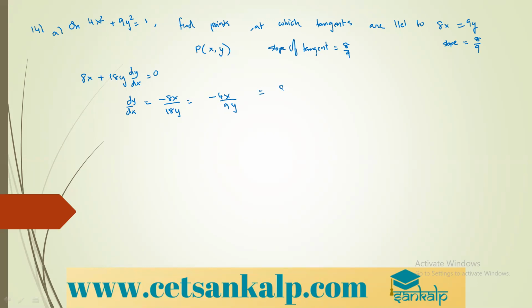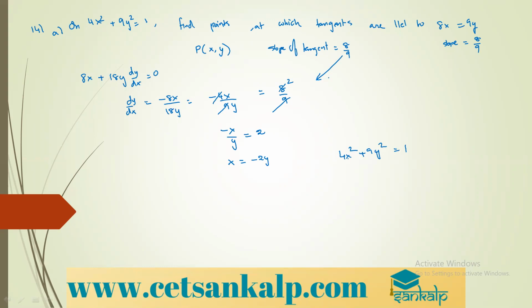This is 8 by 9, the slope of the tangent. So I can cancel 9, and cancel 4 ones, 4 twos. So I have minus x by y equal to 2, or x equal to minus 2y, which I can put in 4x square plus 9y square equal to 1.